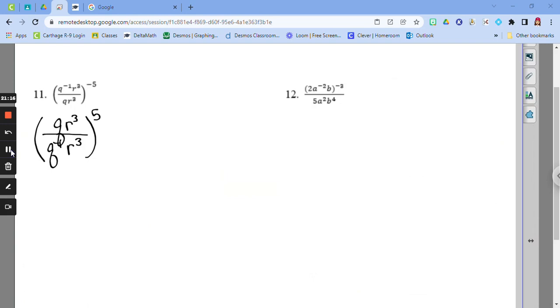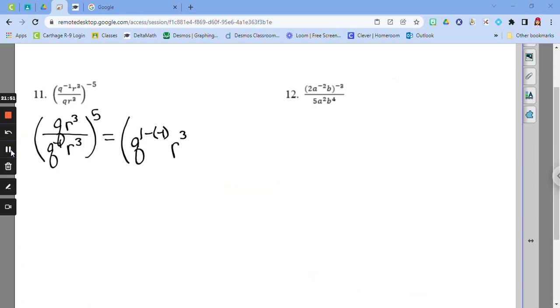Okay, two rules going on here. I've got a division rule going on, and I've got a power to a power rule going on. So I would honestly work inside first, because then you're simplifying, and then deal with the 5 that's outside. So, for Q, I have 1 minus a negative 1.